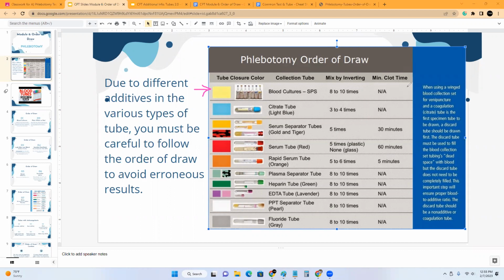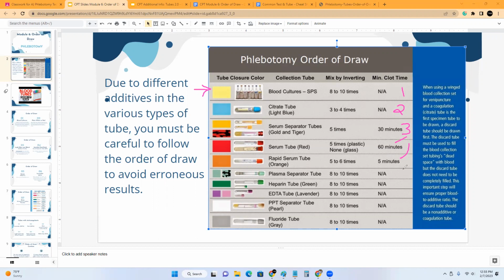So the first one you're going to draw is going to be your blood cultures, then the serum separators. These guys are kind of all in the same category here, okay? So serum separators, red tubes or orange tubes, gold tubes, tiger tubes. All of those are going to be drawn next. Doesn't matter what order they're in.